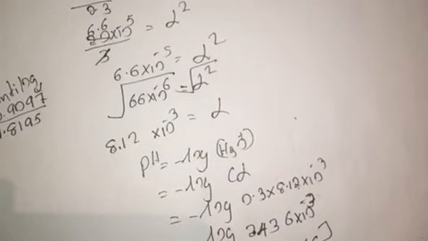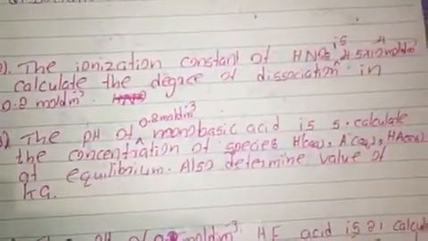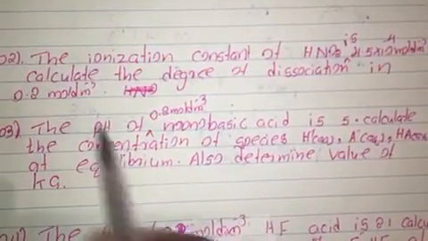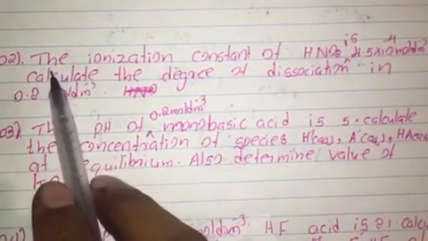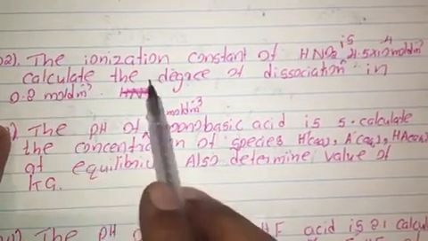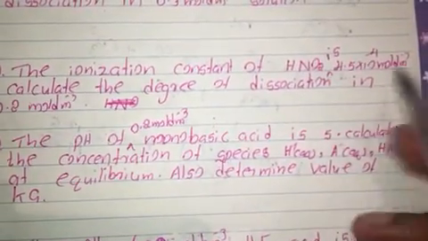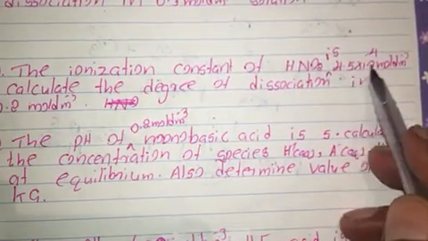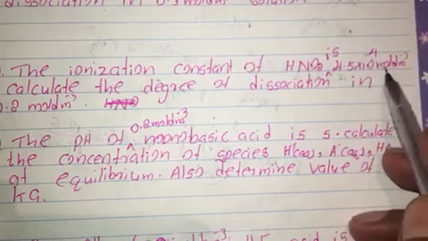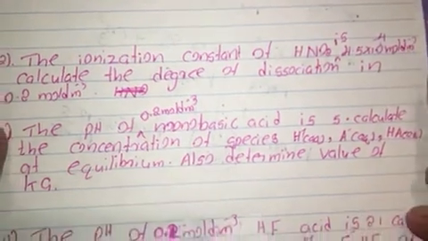Now I think you can understand this theory part. Therefore, calculate this question. Second question: the ionization constant of HNO2 is 4.5 into 10 to the power minus 4 mol dm minus 3.